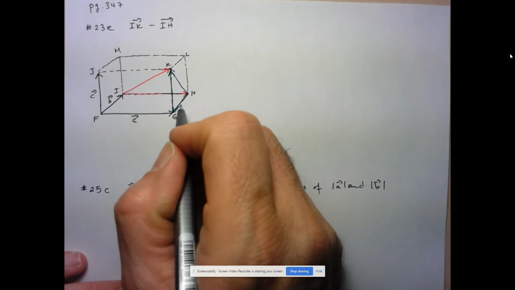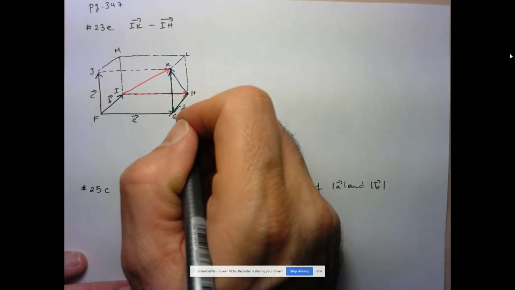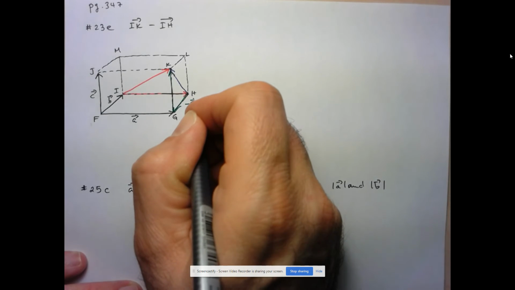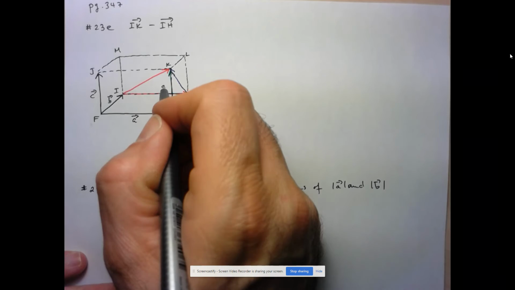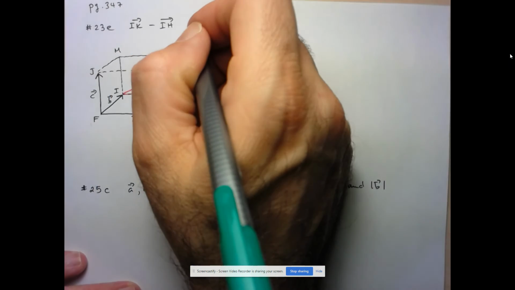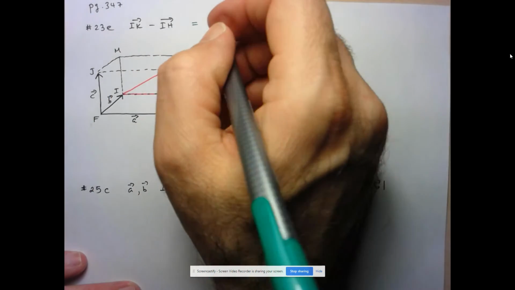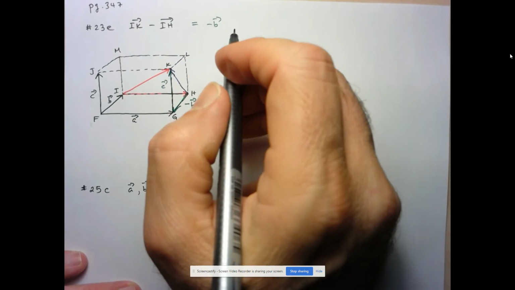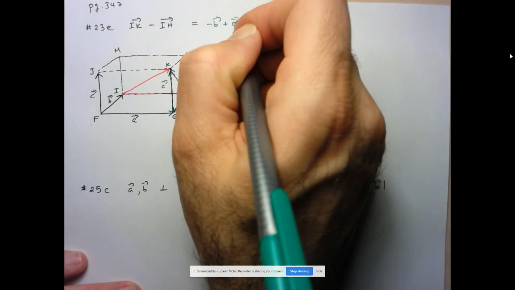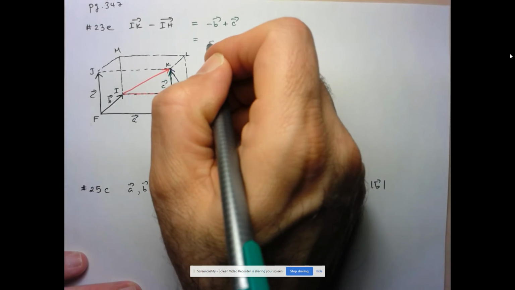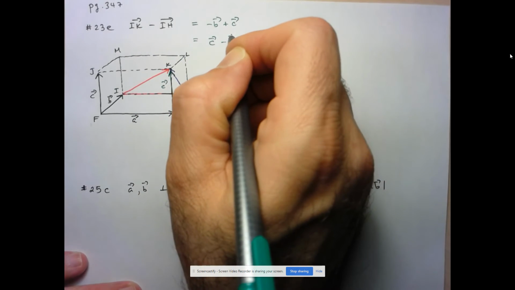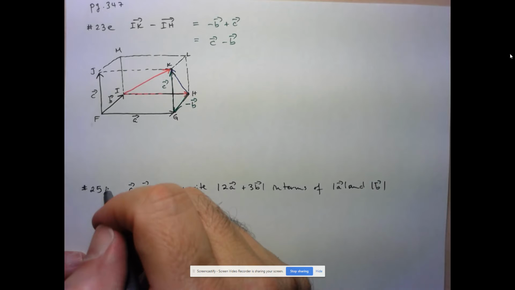What is this vector here? It's not quite the vector B, it's the vector negative B. And this vector here was exactly the same as the vector C. So this is just going to be equal to negative B plus C. Of course, a nicer way of writing this would be the vector C minus the vector B.